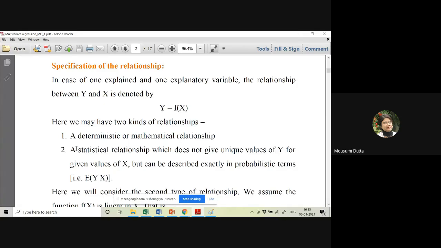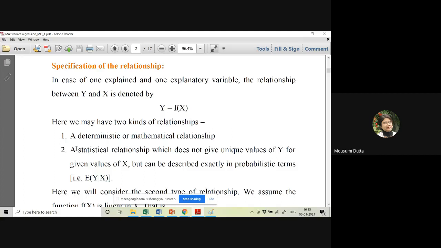Now, while we go for statistical analysis, or check this kind of theory on the basis of data, we are collecting data from reality. What we find is that for a given X, we can find only the expected value of Y. A statistical relationship does not give a unique value of Y for given values of X, but can be described exactly in probabilistic terms.